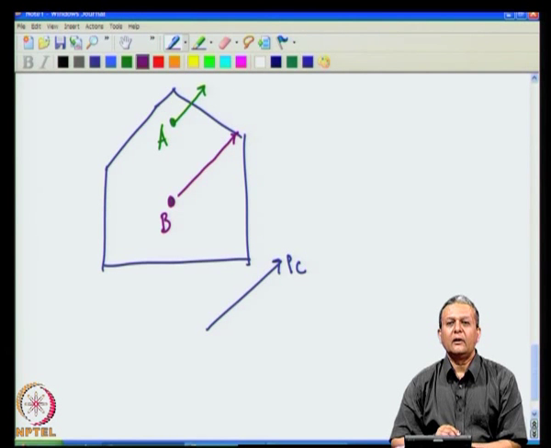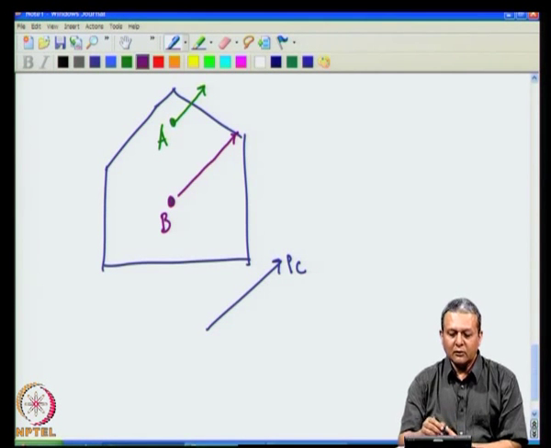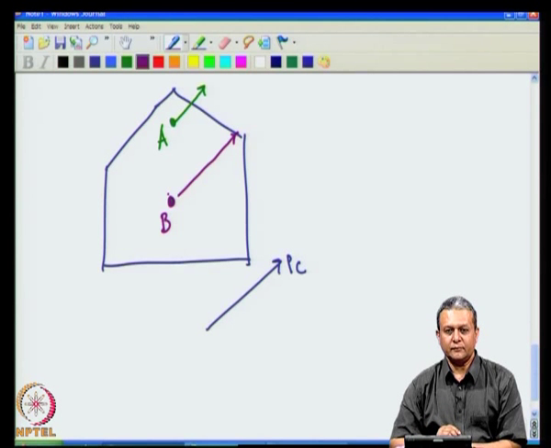Therefore, given a direction along which to move, it may be a good idea to start from a point which is close to the center of the feasible region.